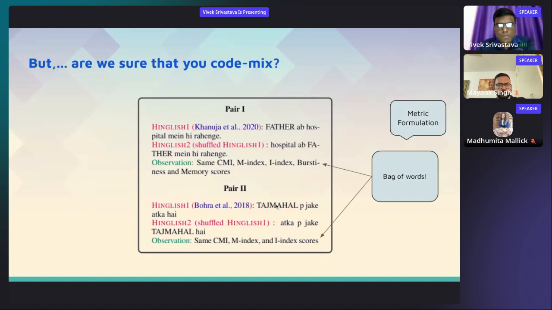The second sentence again, if you just randomly shuffle, the majority of the matrix, they say that the score is same for both the sentences, and this is happening because you have a bag of word setup. This was actually what was impacting the examples that we saw, that movie dialogues that we were having, because we only consider bag of words. The third example that we had, it had more number of tokens, and because of that the score was coming down for most of the metrics.